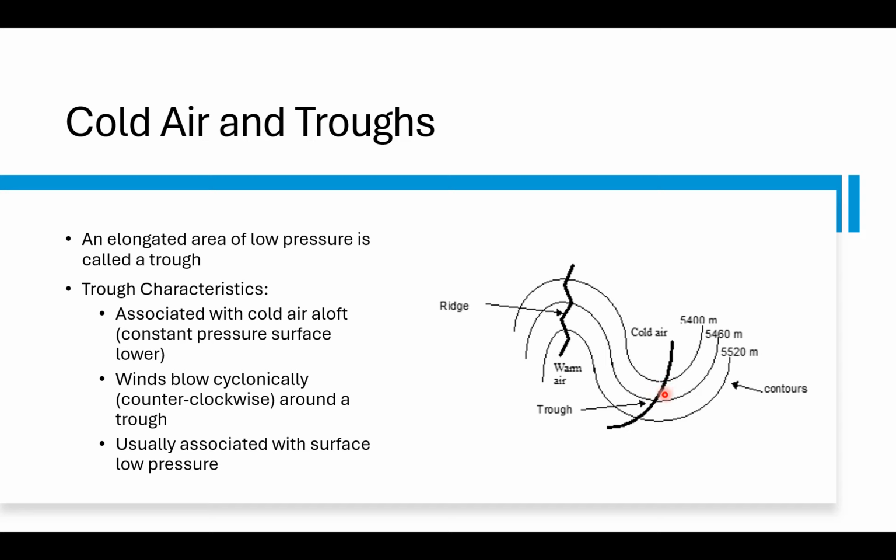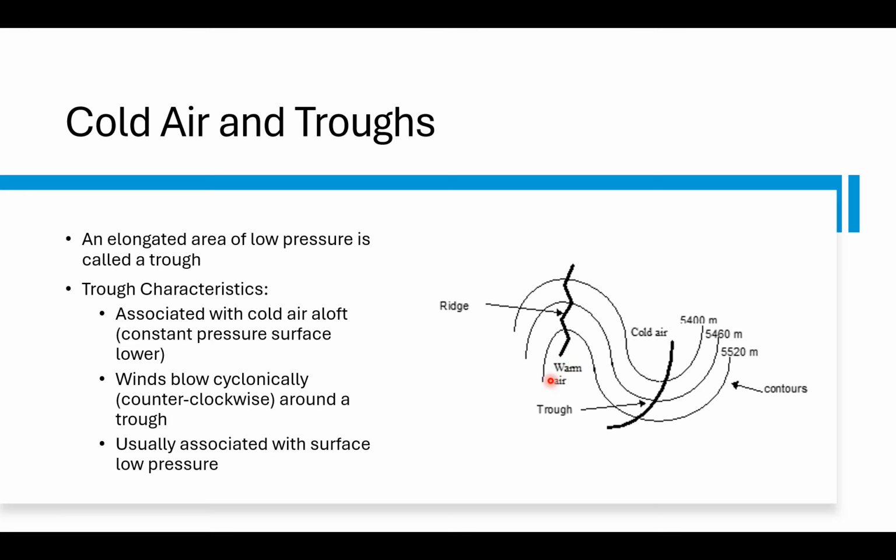The winds are going to blow cyclonically, or counterclockwise, around a trough, and it's usually associated with surface low pressure. Troughs in the upper and middle levels of the atmosphere approaching an area are generally going to stack down towards a surface low pressure center, and they're going to be connected to that low pressure at the surface, that storm system at the surface. So just a couple examples here on the right before we move on.